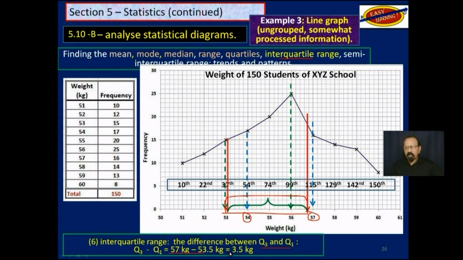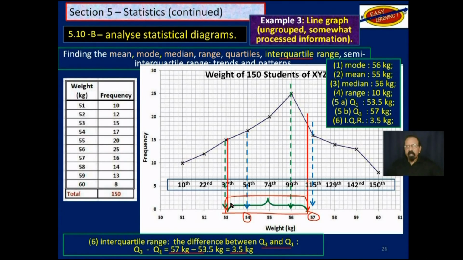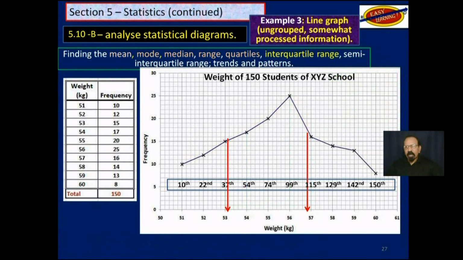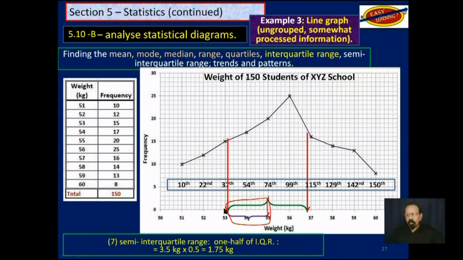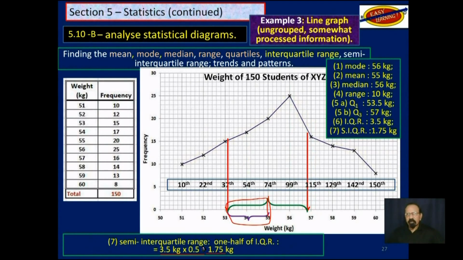It's 57 minus 53.5, and we get 3.5. So that's interquartile range. And finally, the semi-interquartile range is half of the interquartile range, which is 1.75. So now we have those 7 pieces of information extracted from this graph, just from the graph.